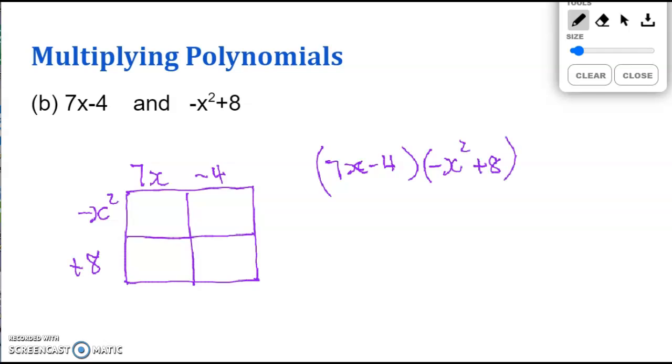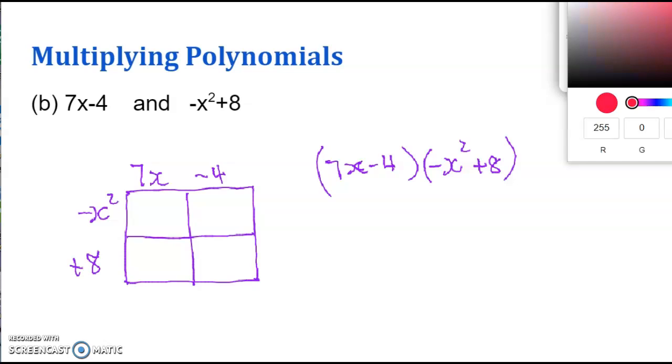We just need to multiply. Remember, why are we multiplying? We're finding the area of this rectangle.